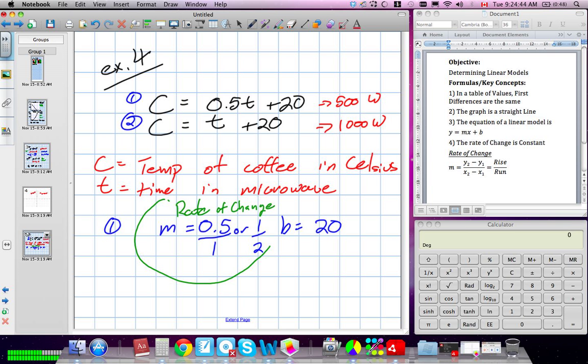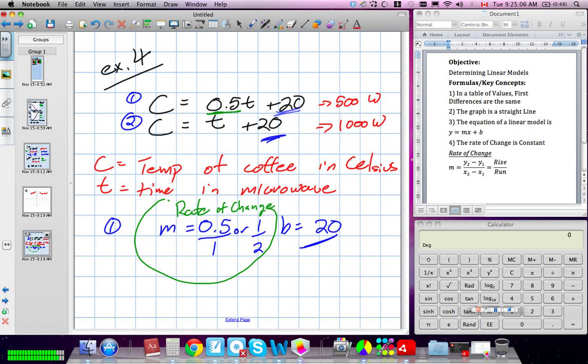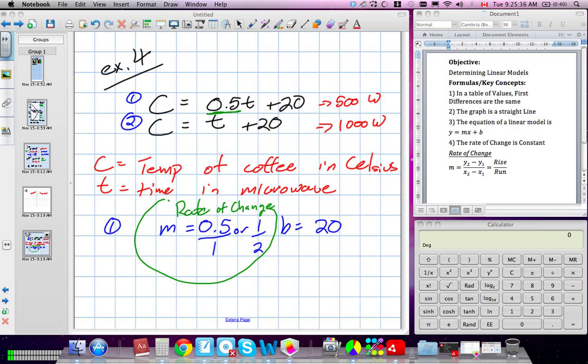So the rate of change here in time is 0.5, and what it's talking about is the degrees it changes in Celsius. What does the 20 stand for? We know it's the y-intercept, but in terms of making sense of this equation, what does 20 represent? Again, Jennifer's told us that our 20 is representing our starting temperature.